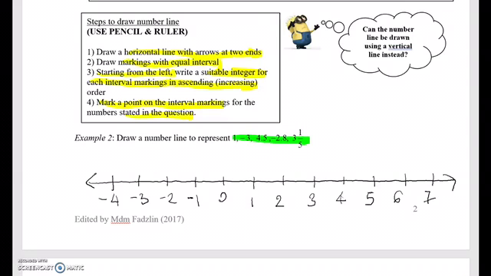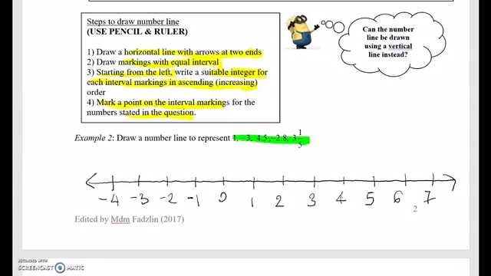Sometimes, depending on the question, you can increase each interval by other units, for example, multiples of 2, or if the numbers are bigger, multiples of 10, and so on and so forth.